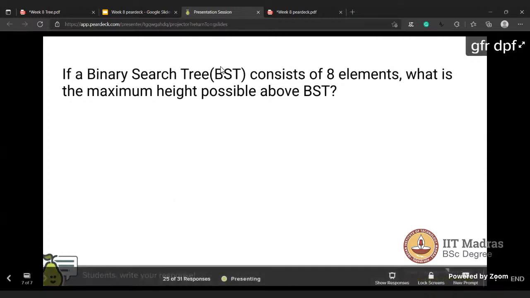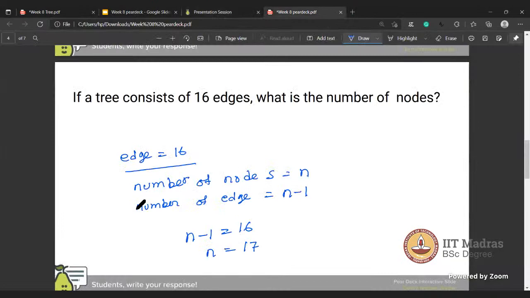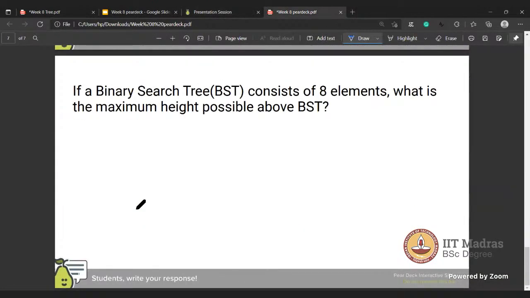Okay, so see, my screen is visible, right? In a binary tree or BST, a node can have at most 2 children. It can also have just 1 child. So at most 2 children.